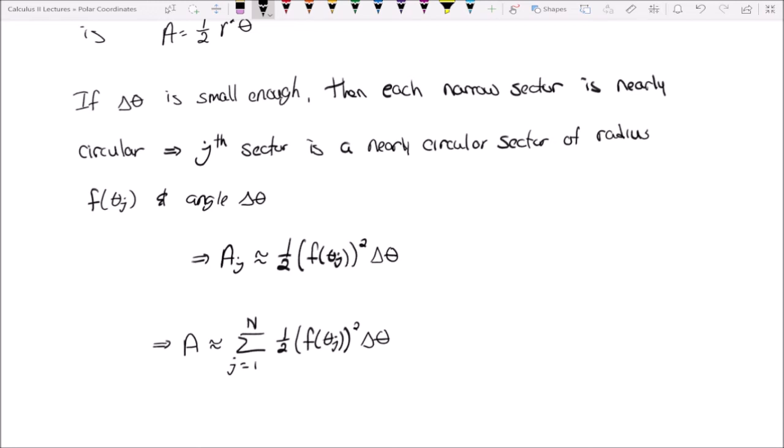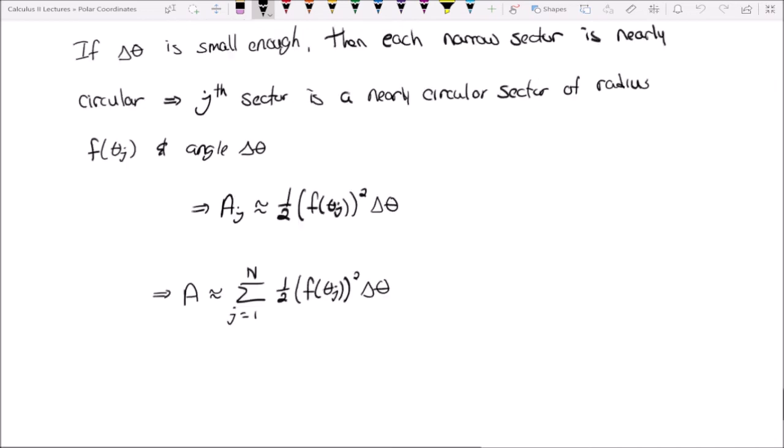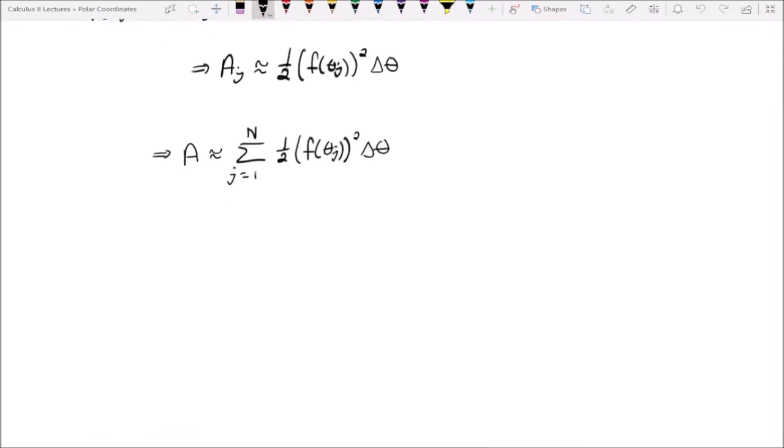Now, as n approaches infinity, this is going to get more accurate. So what we find is the following.